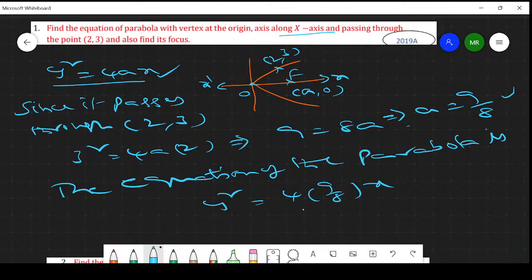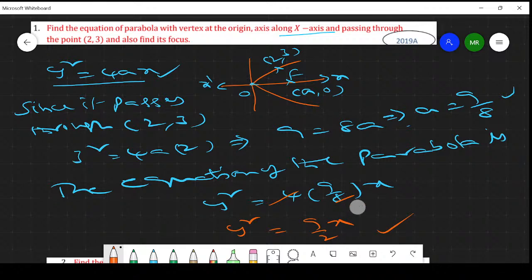Then I can simplify this: 4 2s I can simplify. Finally I will get y square is equal to 9 by 2 into x. That is your answer: y square equal to 9 by 2 into x.